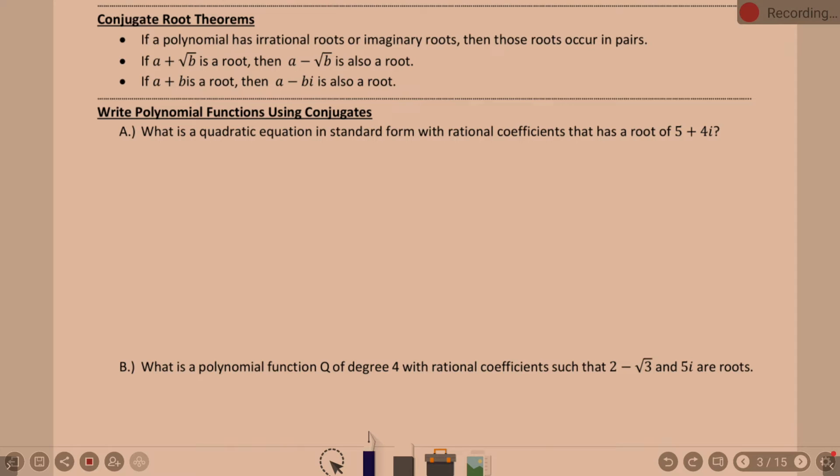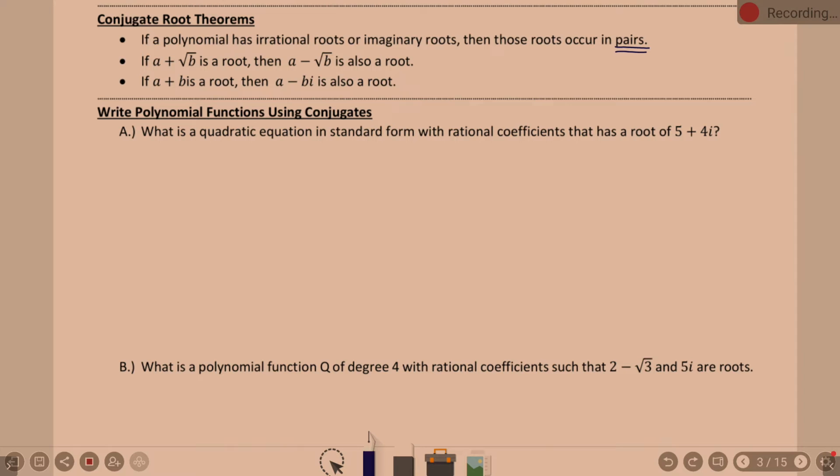On the back side, first of all, we're going to talk about the conjugate root theorem, which I've kind of already addressed a little bit. This says, if a polynomial has irrational or imaginary roots, then those roots occur in pairs. That problem we just did had plus or minus i square root of 5. That was a pair of imaginary roots.